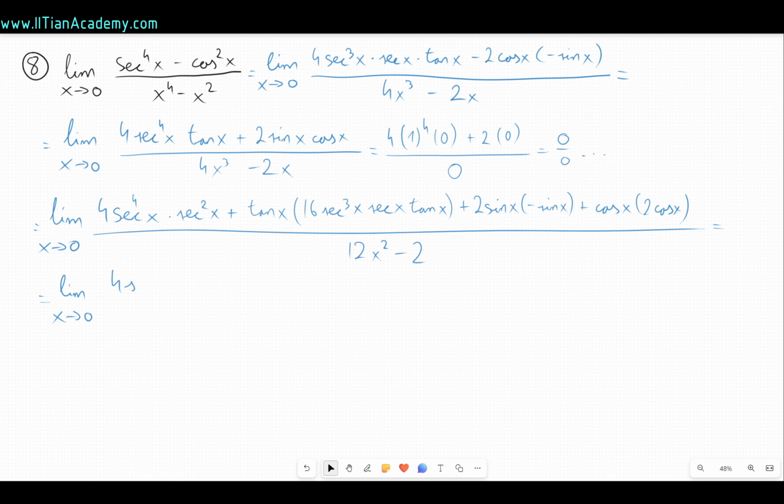So this will be 4 secant to the 6 plus 16 secant to the 4th x tangent squared x minus 2 sine squared x plus 2 cosine squared x all over 12x squared minus 2.